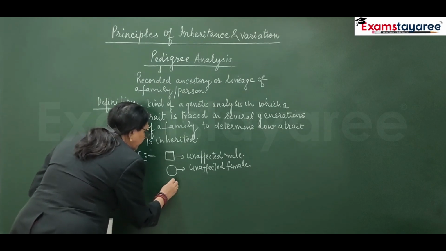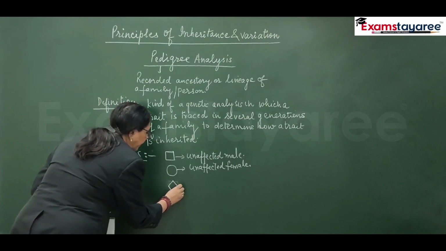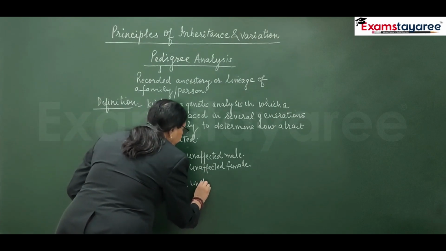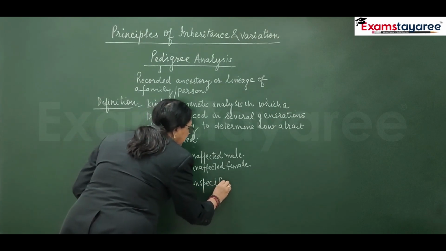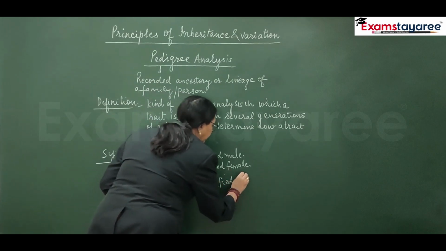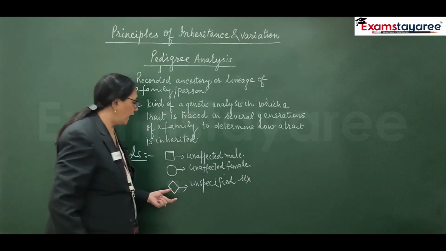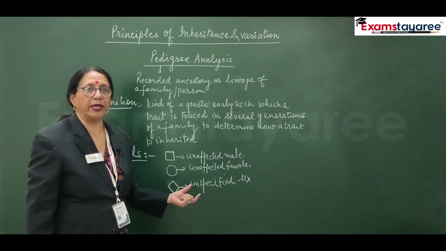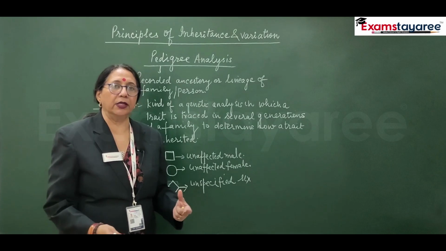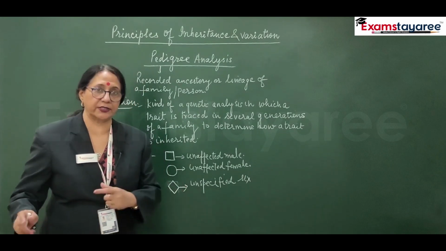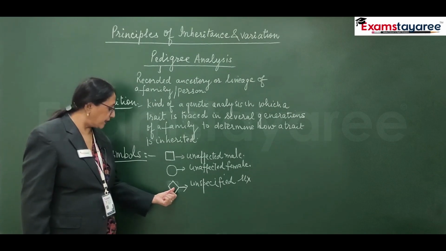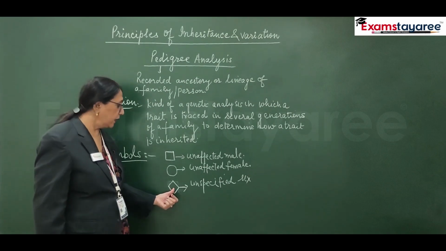And an unspecified sex is shown by a diamond. Unspecified sex means when we are doing pedigree analysis, we may not know whether the child was a male or a female. In general, it is discussed that the children were suffering, so we do not know the sex of the child.